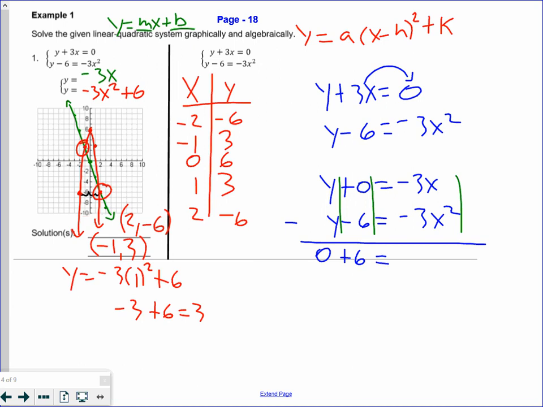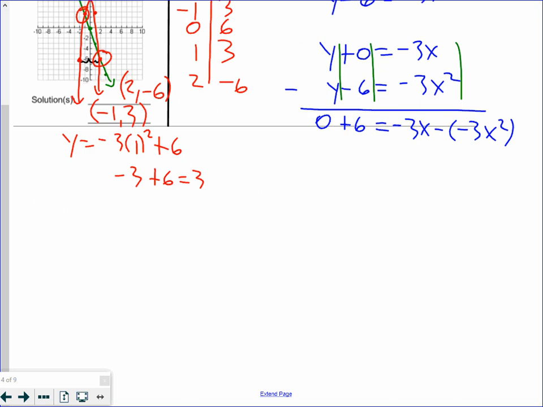And that's all going to equal negative 3x minus negative 3x squared. We cannot combine those x's because one's a regular x, the other one's an x squared. So we're just going to rewrite it as negative 3x minus negative 3x squared. And when we do that, we end up getting 6 equals negative 3x plus 3x squared.